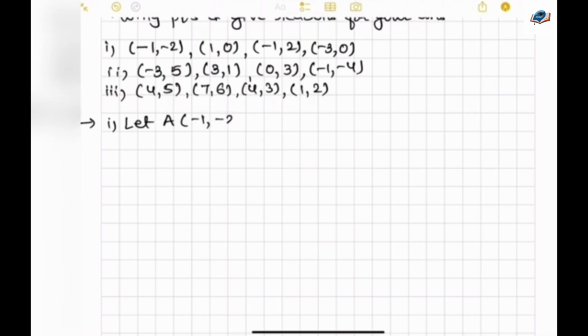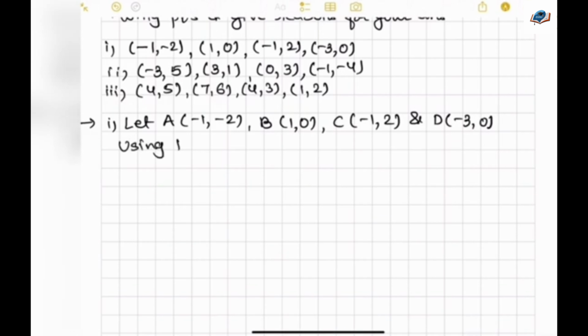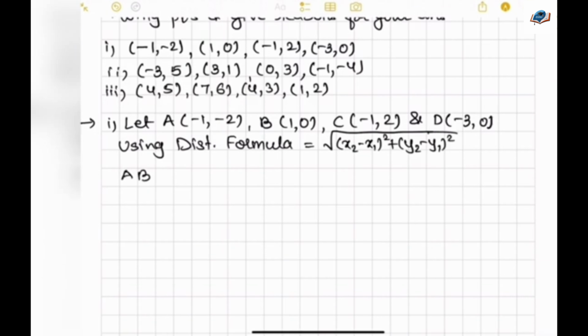So for that I can say let A (-1, -2), B (1, 0), C (-1, 2), and D (-3, 0). So let us find using distance formula, that is root of (x2 minus x1) whole square plus (y2 minus y1) whole square.